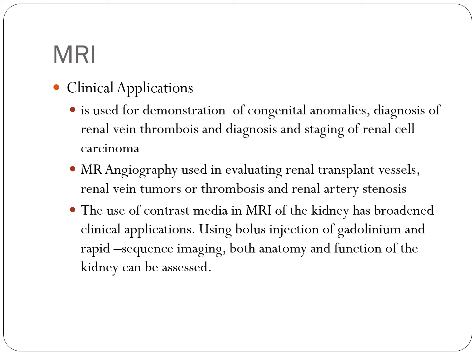Magnetic resonance angiography is used in evaluating renal transplant vessels, renal vein tumors or thrombosis, and renal artery stenosis. The use of contrast media in MRI of the kidney has broadened clinical applications. Using bolus injection of gadolinium and rapid sequence, both anatomy and function of the kidney can be assessed.